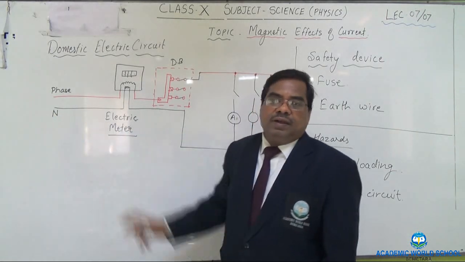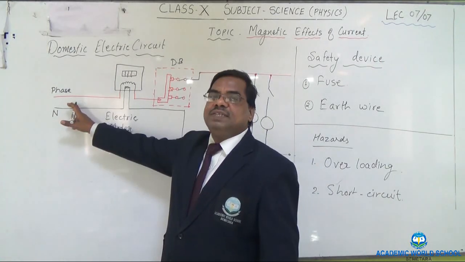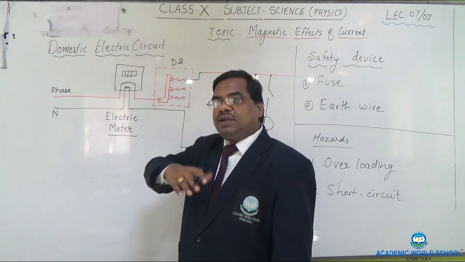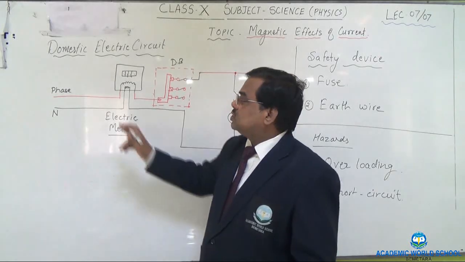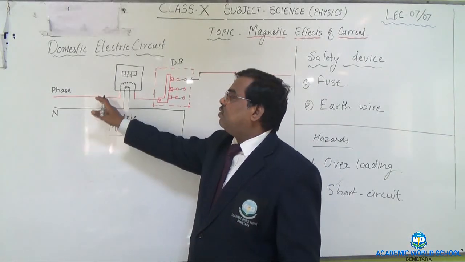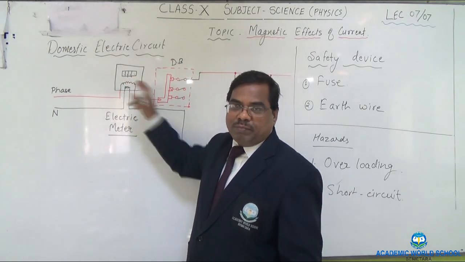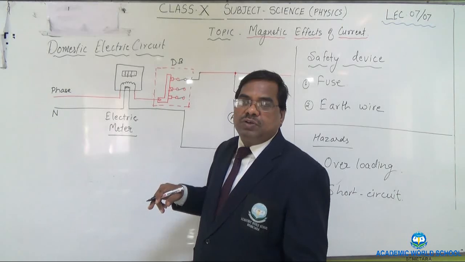Neutral wire doesn't have any electric current, but phase has an alternating potential which enables the current to flow vice versa. Okay, so phase and neutral wires will first be inserted into the electric meter to measure the amount of electricity that is used in your home.